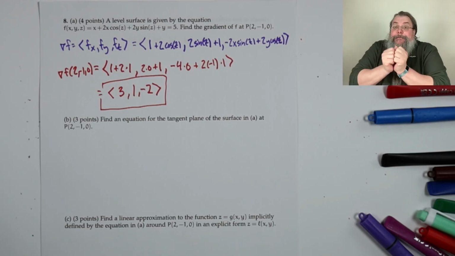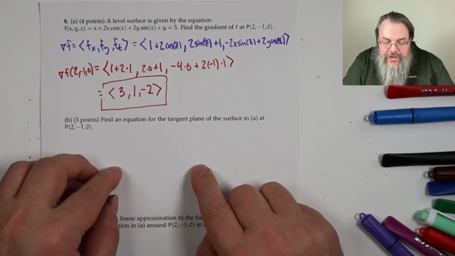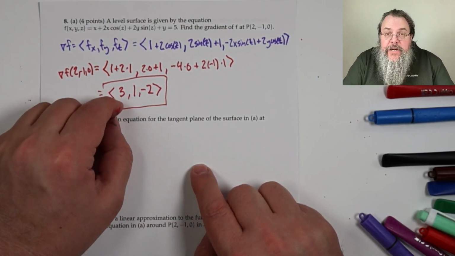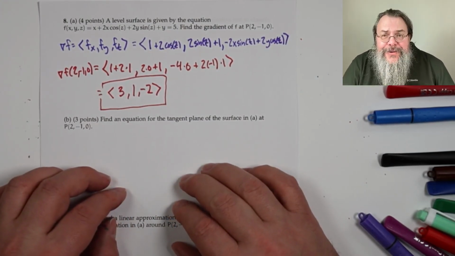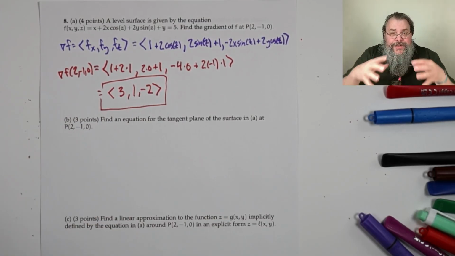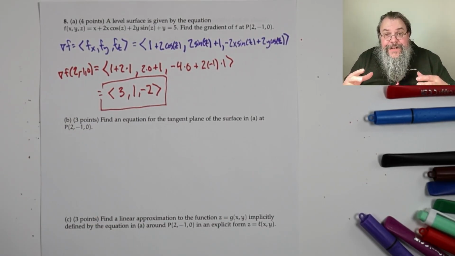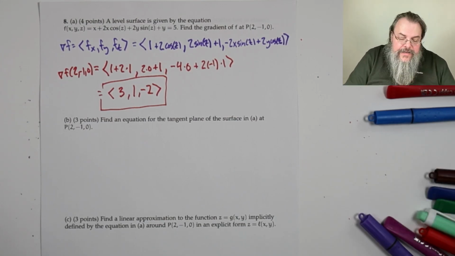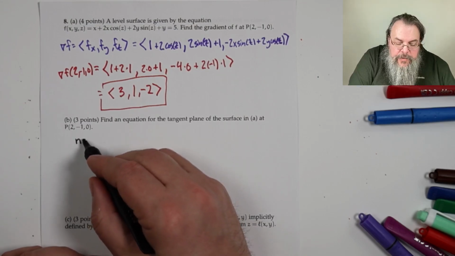Okay, so this will be perpendicular to our surface. So this (3, 1, -2) is perpendicular to our surface. So it's perpendicular to our plane that's tangent at that point. So sort of the great aha is that most of the work for part B was done in part A.